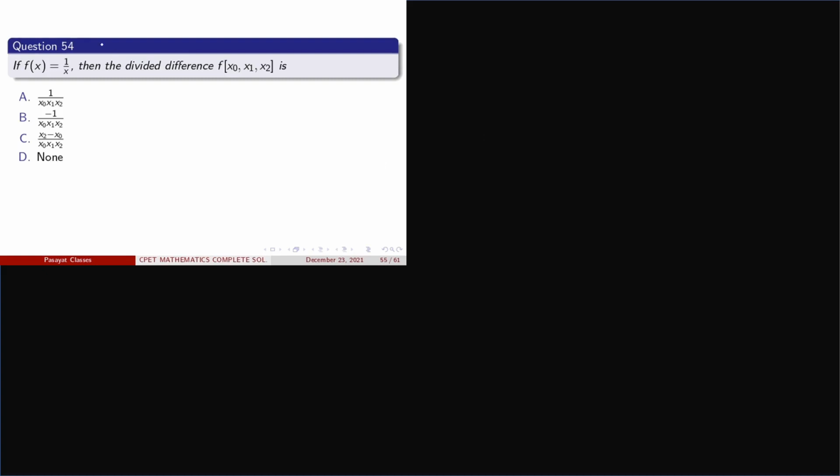Here, given f of x is equal to 1 by x, we have to find the divided difference f of x0, x1, x2.